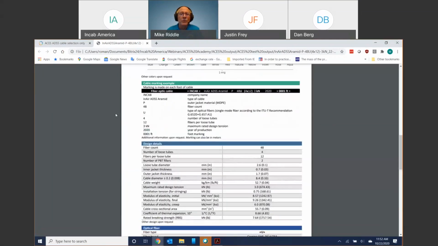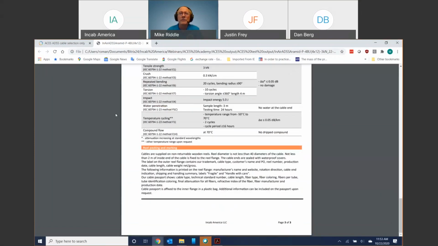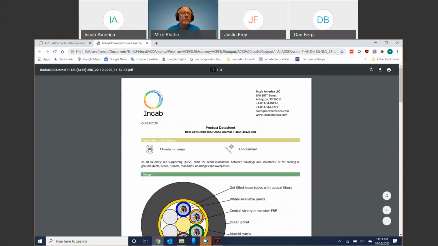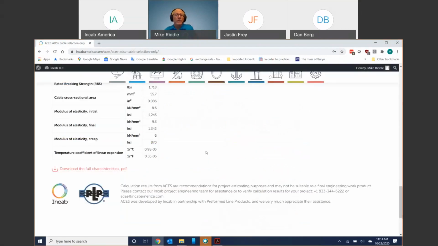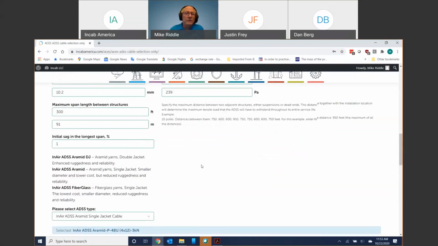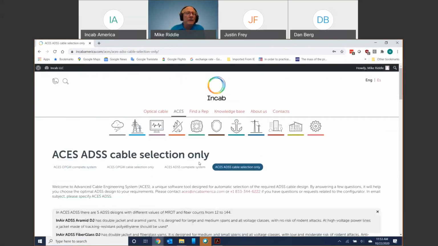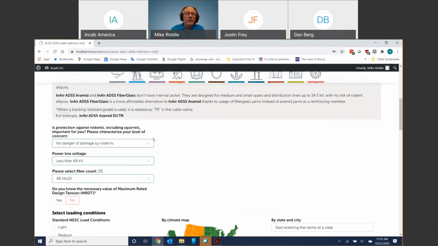It gives you more detail about the cable design. And at that point, because for ADSS I just wanted to show how the cable design worked, really, we're done.